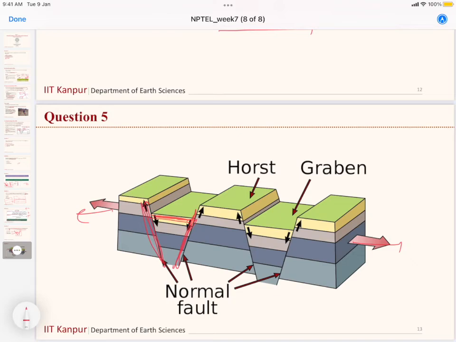Now if they are dipping away from each other like this, and you do the remaining steps, you will see the horst will form in between the faults that are dipping away from each other. So this is how horst and graben form in the normal fault scenario. Even in the question they can ask in what kind of fault system you can see the features of horst and graben. So you now know the answer, correct?